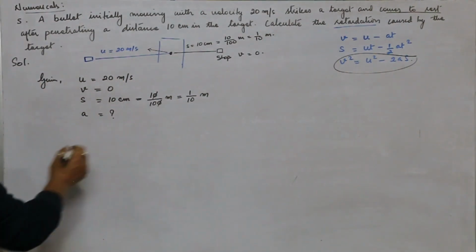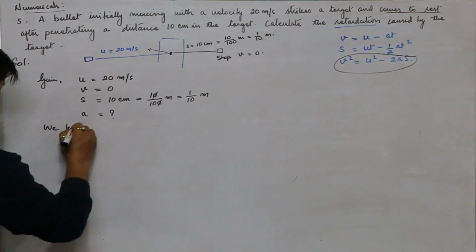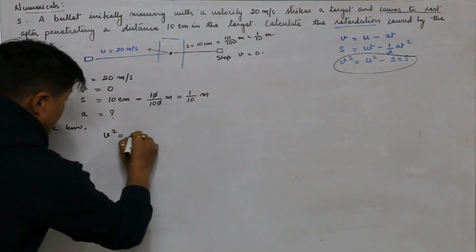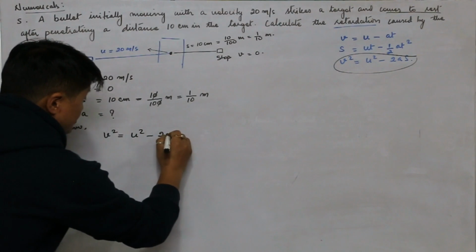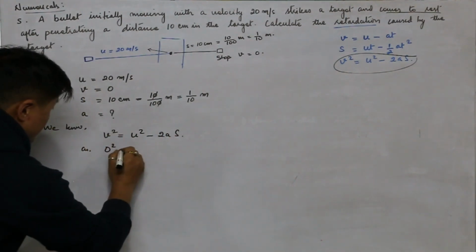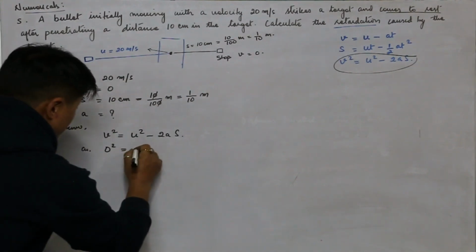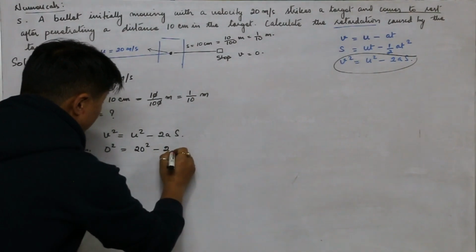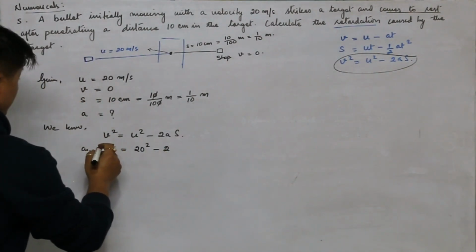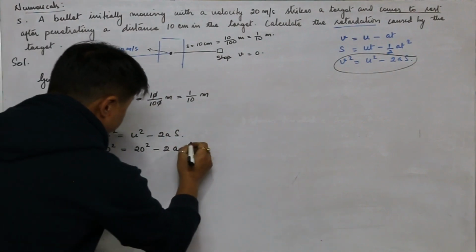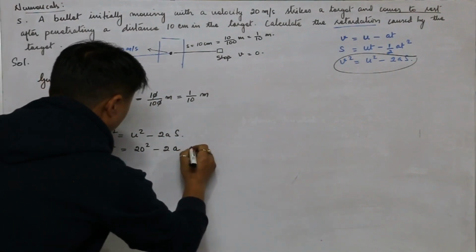Okay, so we write here, we know V square is equal to U square minus 2AS. V square is how much? 0 square is equal to U square, here 20 square, minus 2. A acceleration we have to find, retardation A we have to find. S distance is given how much?